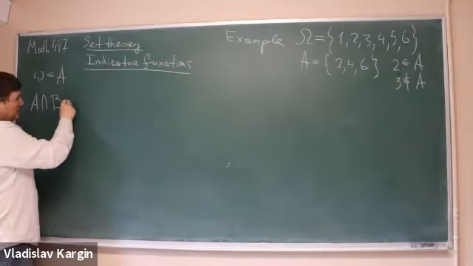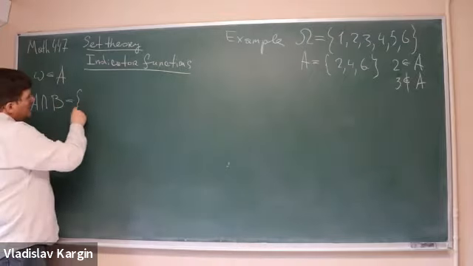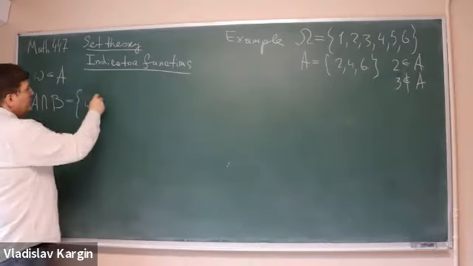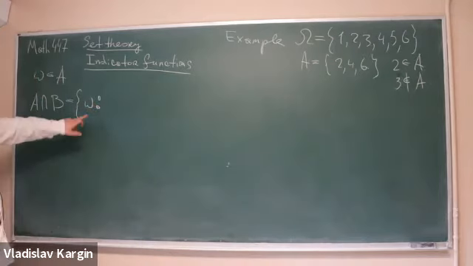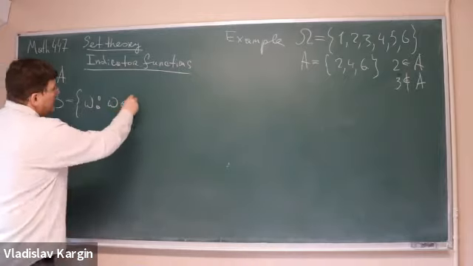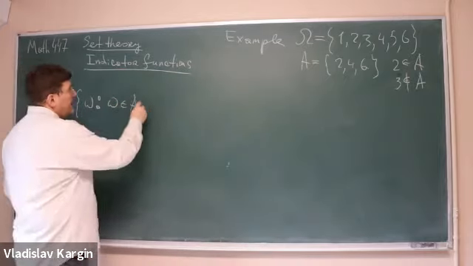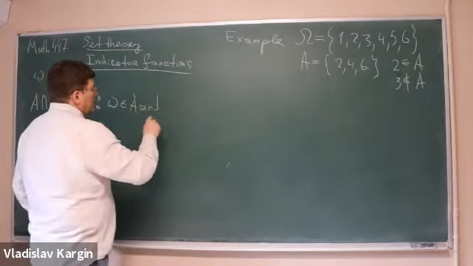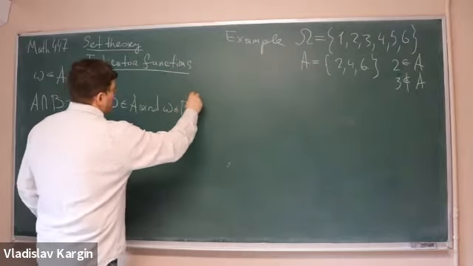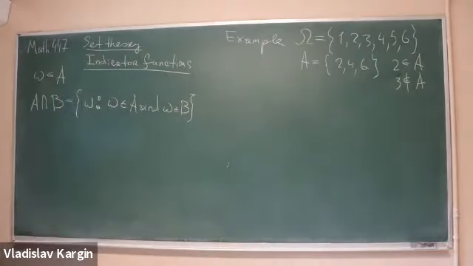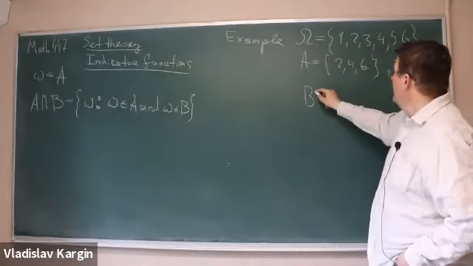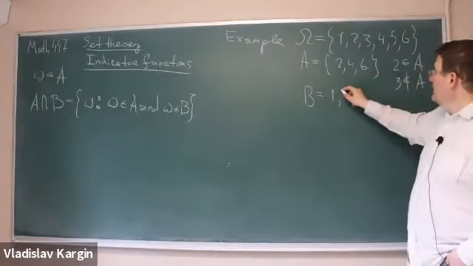By definition, it's also a set. It's the set of outcomes such that omega belongs to A and omega belongs to B. Here, for example, we could choose B equal to 1, 2, 3.